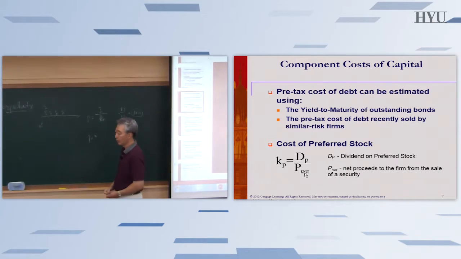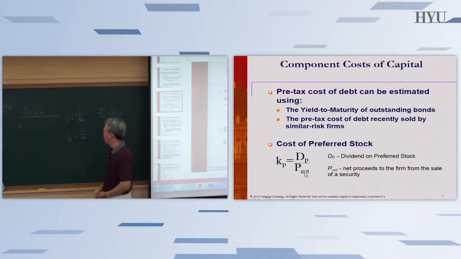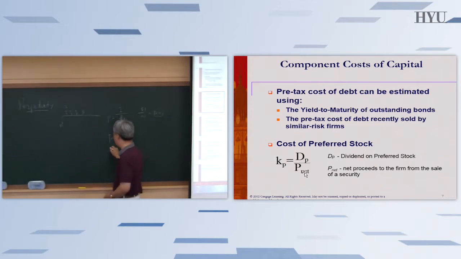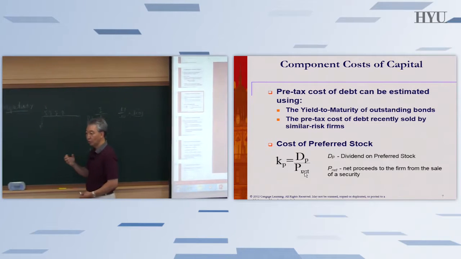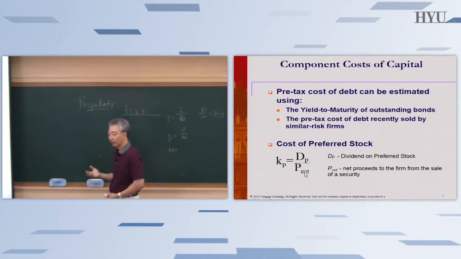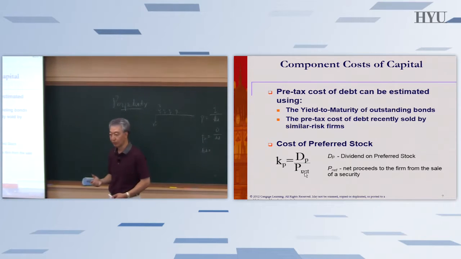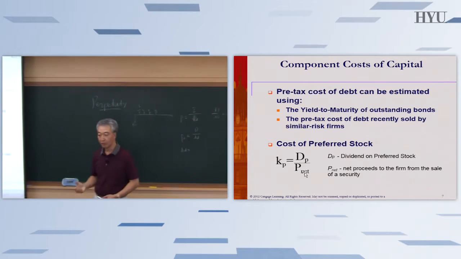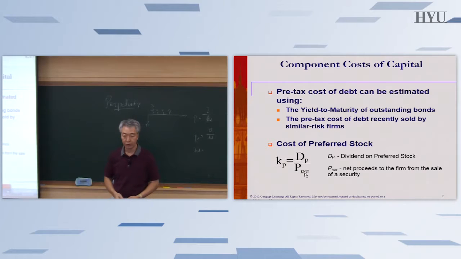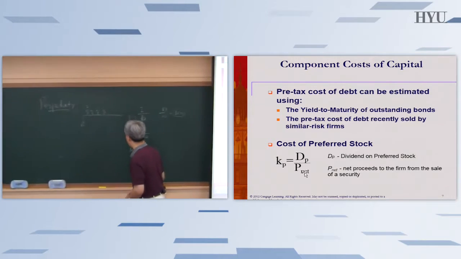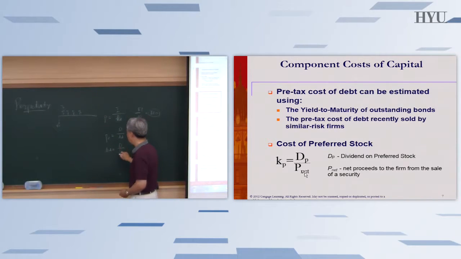The value of a preferred stock should be dividend divided by discount rate. We're talking about issuing the preferred stock from the company's point of view. If you issue a preferred stock, what will be the cost to you? The cost will be dividend divided by the price.